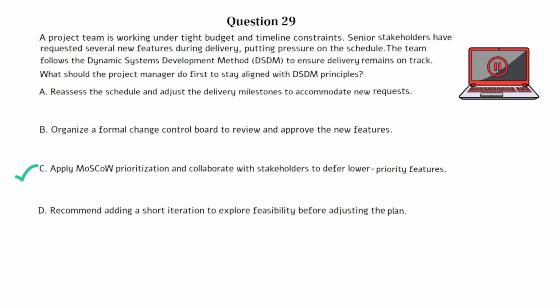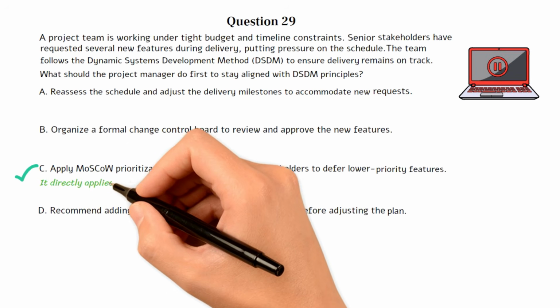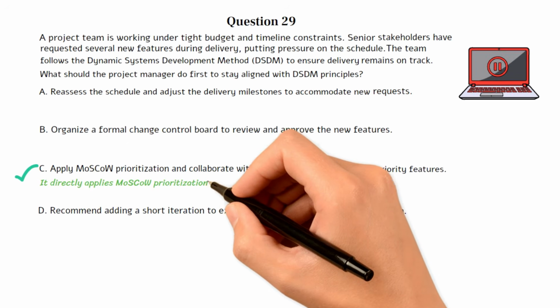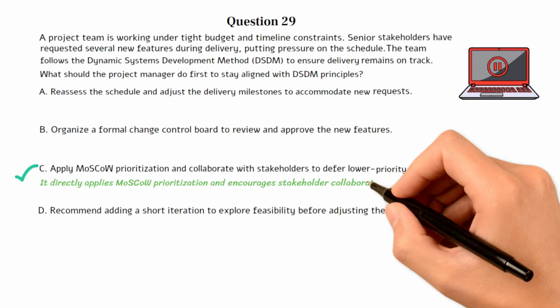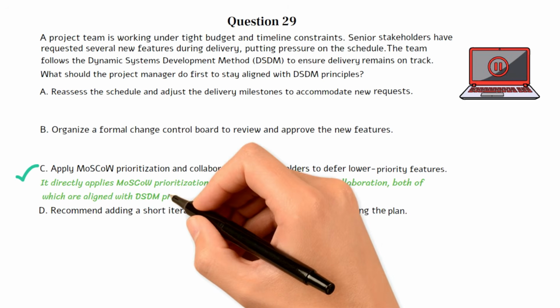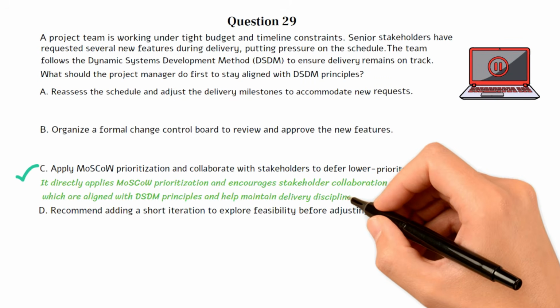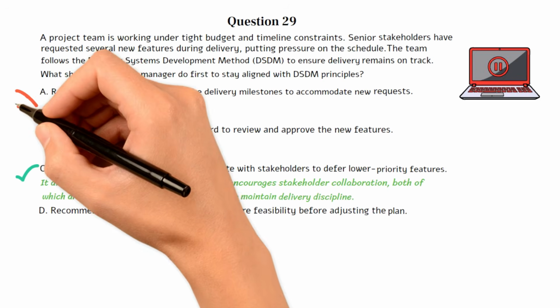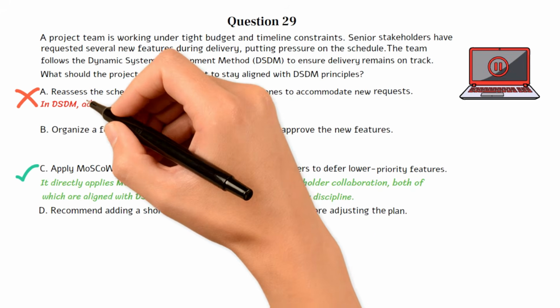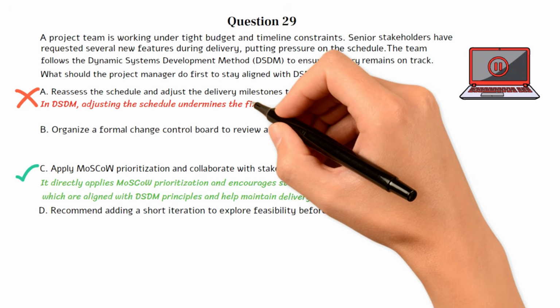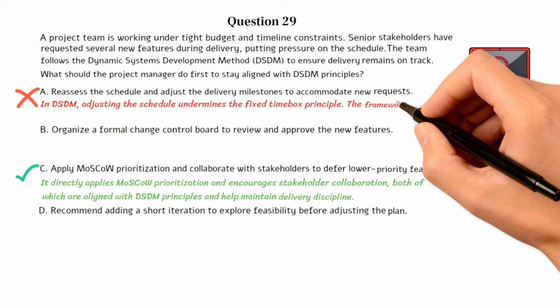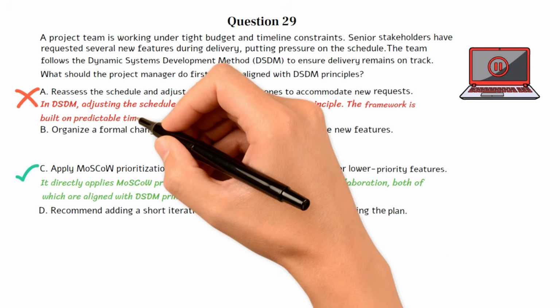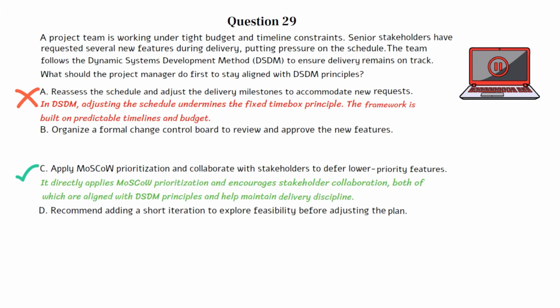Choice C is the best option because it directly applies MoSCoW prioritization and encourages stakeholder collaboration, both of which are aligned with DSDM principles and help maintain delivery discipline. Choice A is incorrect. In DSDM, adjusting the schedule undermines the fixed time box principle. The framework is built on predictable timelines and budgets.